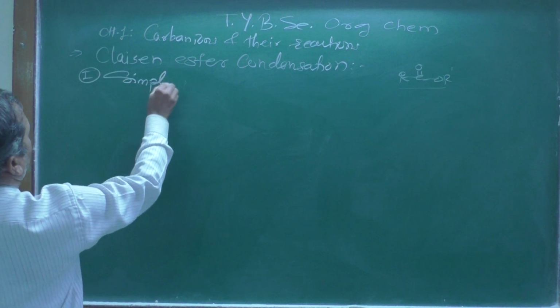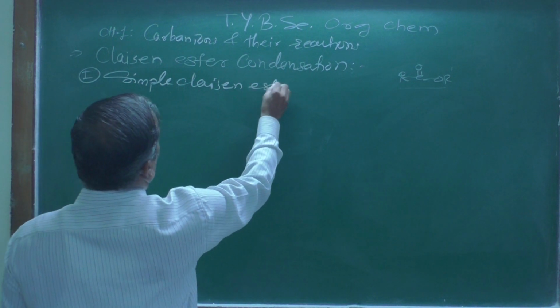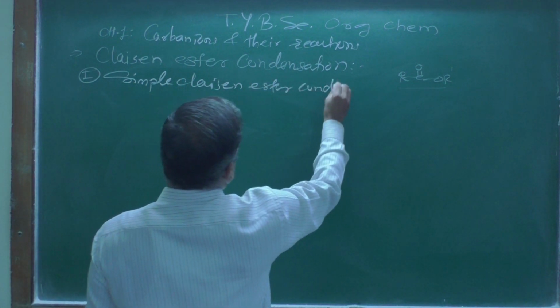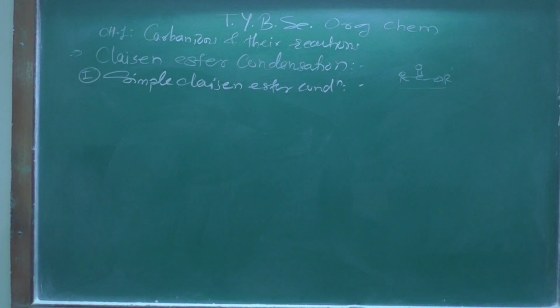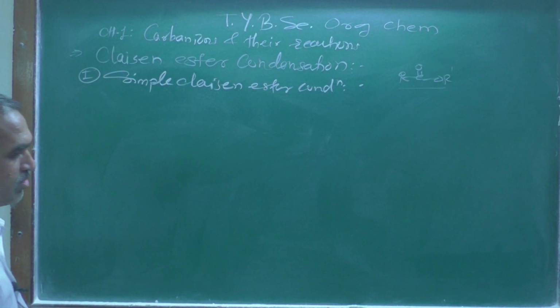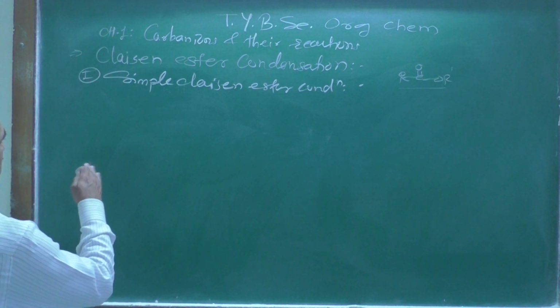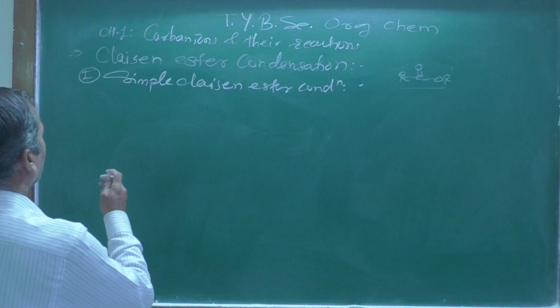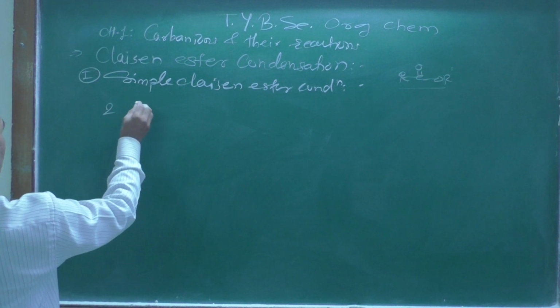Simple Claisen ester condensation reaction. Now let us begin with the simplest one. You might know ethyl acetate, right? Now look at 2 moles of ethyl acetate.